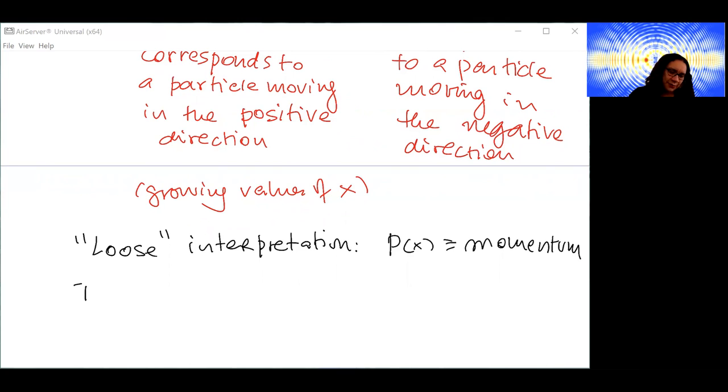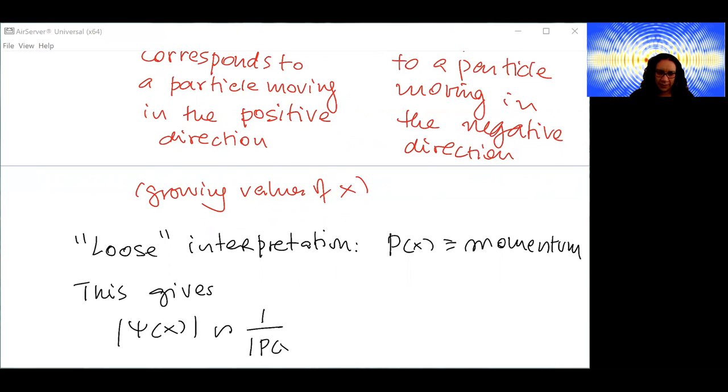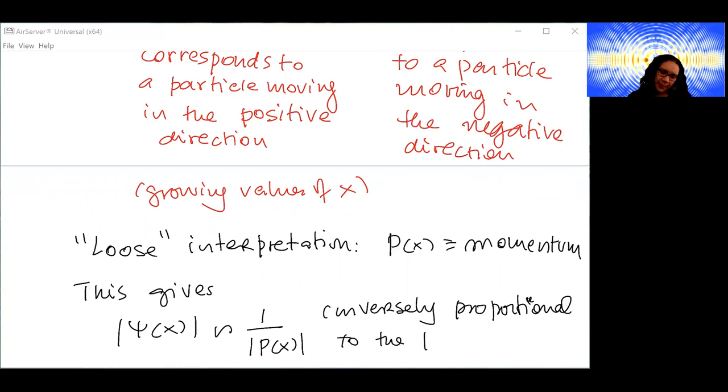And this gives you psi x, if you take the modulus square, is going to be inversely proportional to the particle's velocity.